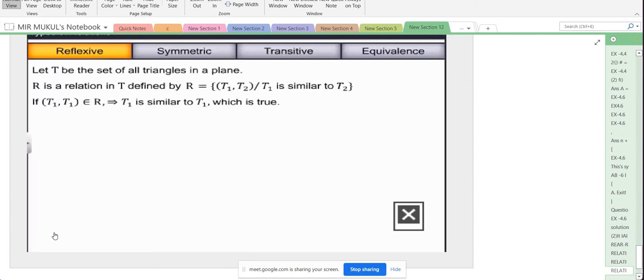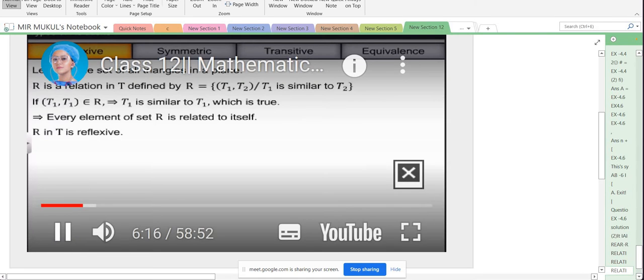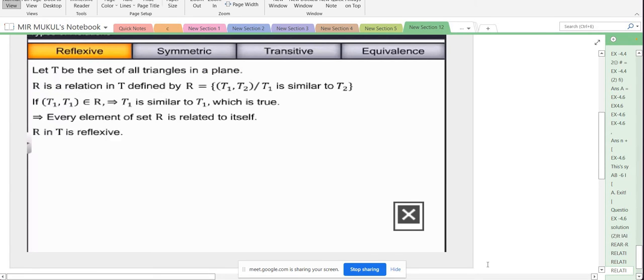And this holds true for all the triangles in set T. Hence, we can say that every element is related to itself. Such types of relations are called reflexive relations.